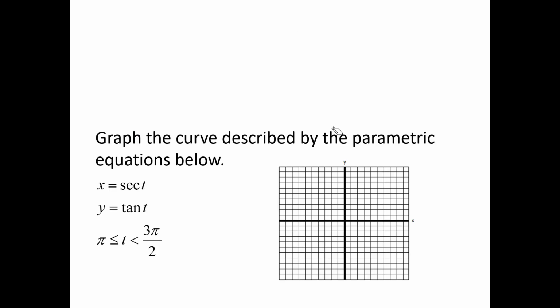Graph the curve described by the parametric equations below. X is equal to the secant of t, y is equal to the tangent of t. But we're only interested in this in the interval from pi to 3 pi over 2.